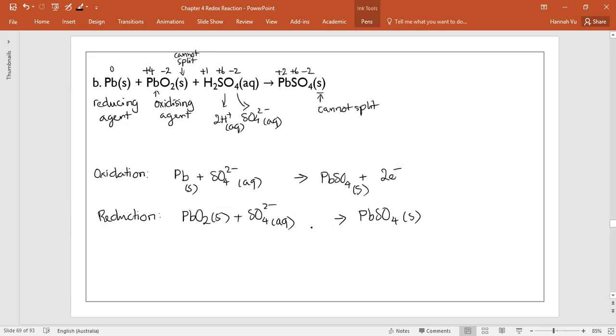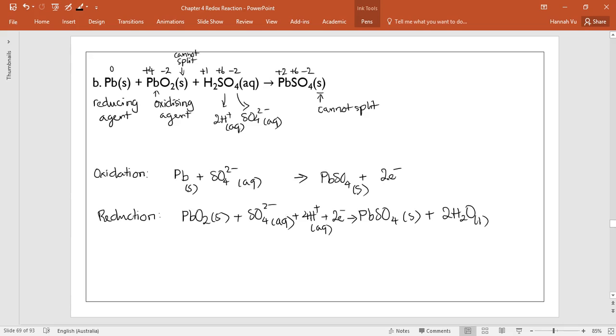And now I'm following cohes again. Lead is already balanced anyway. So I have an extra 2 oxygens on the reactant side, so I need to add 2 H2O, which means that I need to add 4 H plus, and I think we're going with 2 electrons. So that's aqueous, and that is water, liquid, which also agrees with a decrease in oxidation numbers of Pb from positive 4 to positive 2.